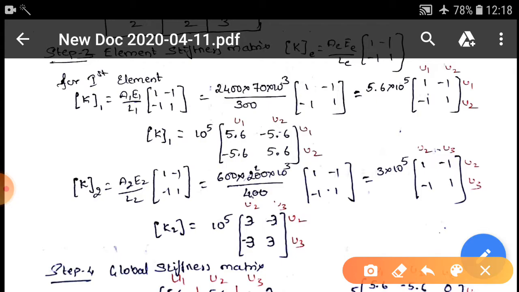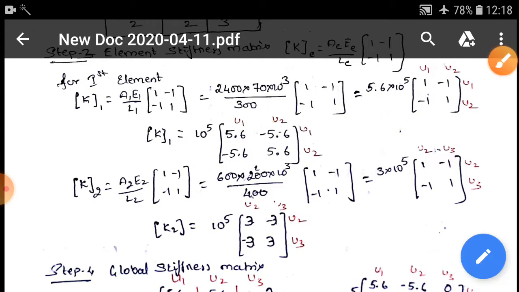Substituting those values, you will get 5.6 x 10^5. Here 10^5 we are keeping outside, so that the value is common for almost all the elements.